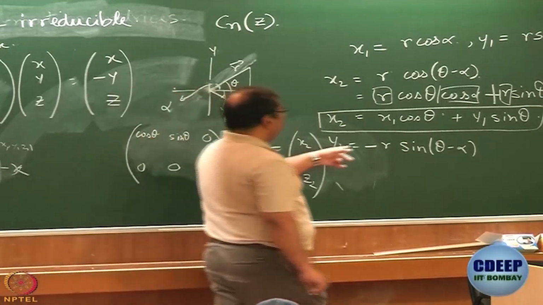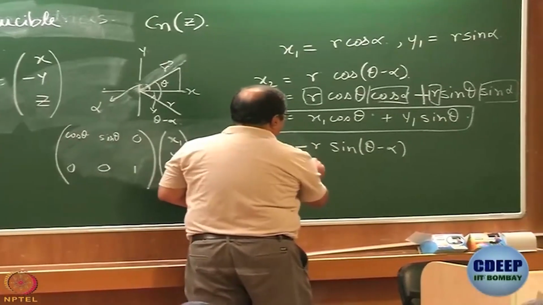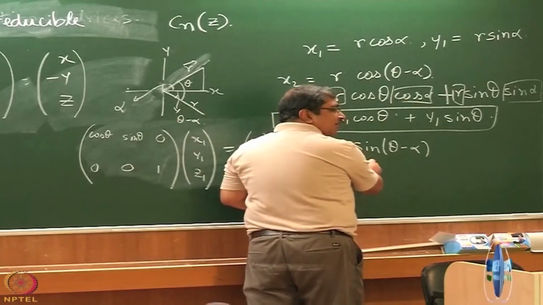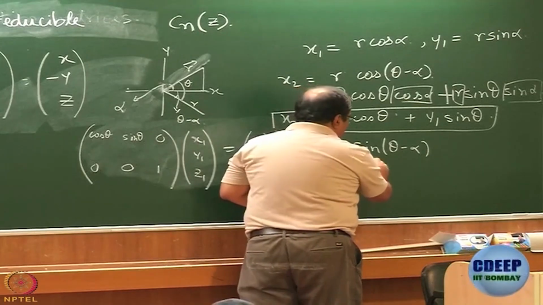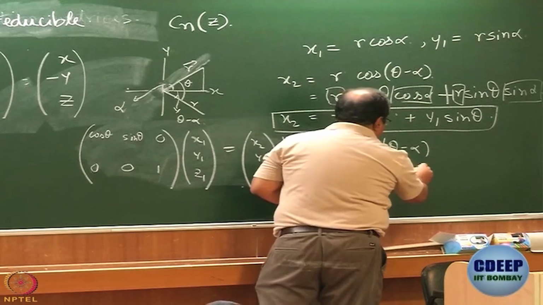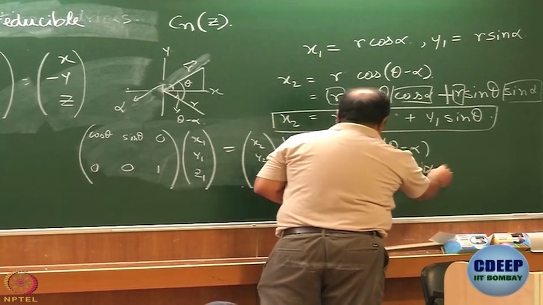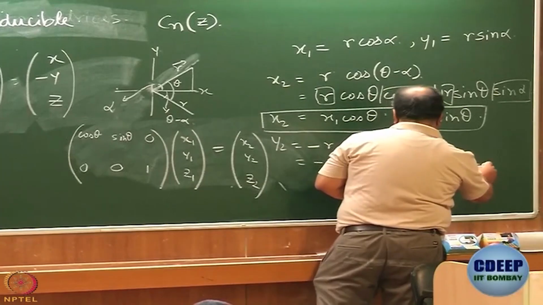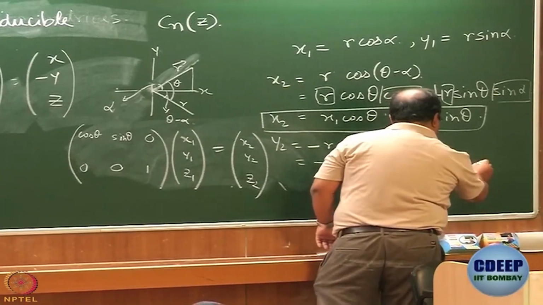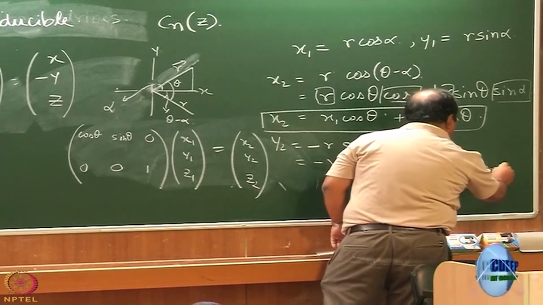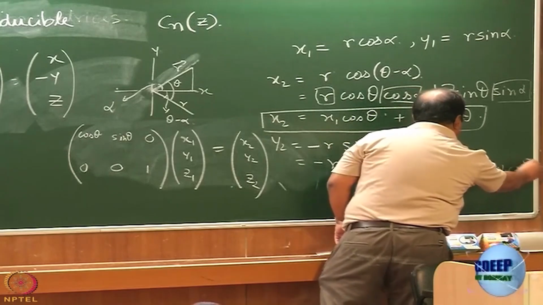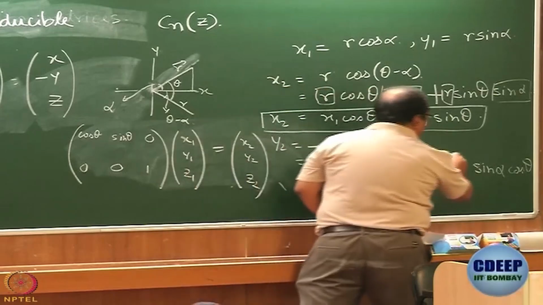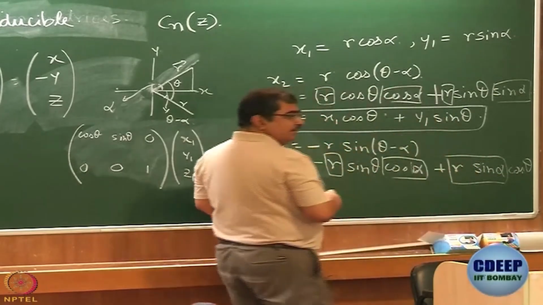In the same way, y2 is equal to minus r sin theta minus alpha. So, minus r, what is sin theta minus alpha? Help me. Sin theta cos alpha minus, but there is already a minus here, plus r sin alpha cos theta, okay. Again, r cos alpha is x1 and r sin alpha is y1, right.